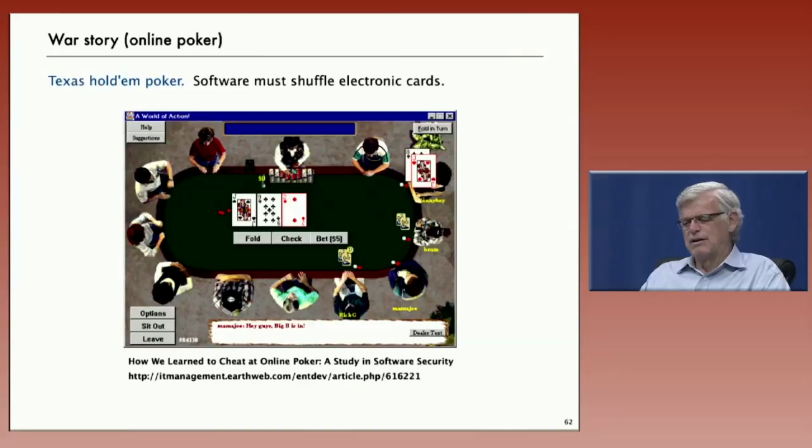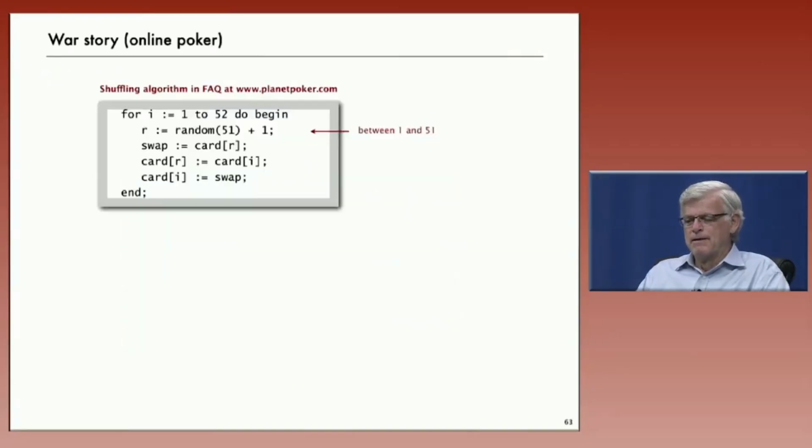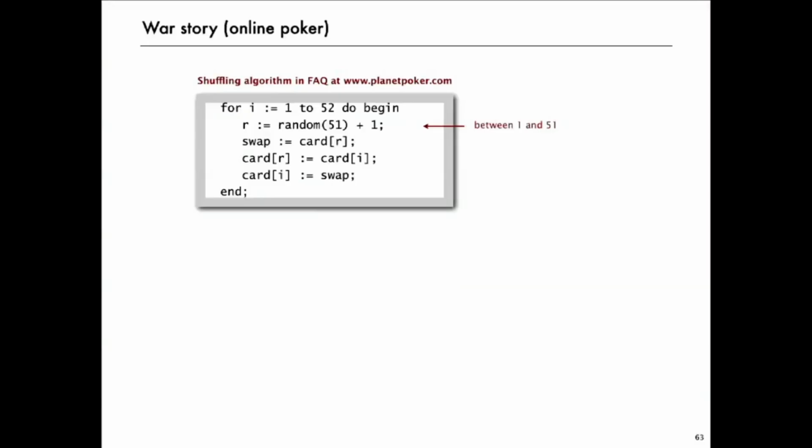So here's an example of an implementation for online poker. Here's the code that you can find on the web for how to shuffle a deck of cards. That's pretty similar to our code, but it's actually got a few bugs, more than a few bugs.